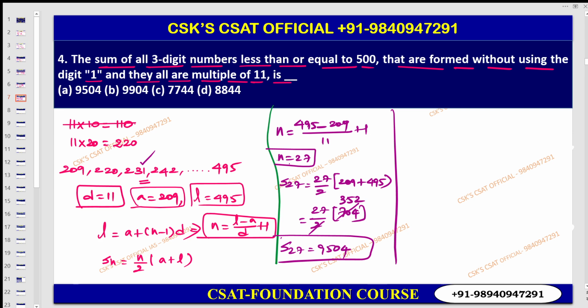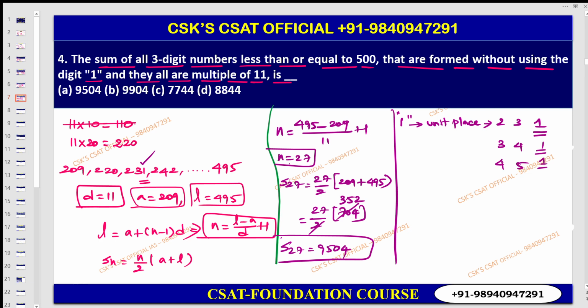So now check for 1 in the unit place. 231 will be there, right? Anything else that contains 1 in the unit place? For that you have to go with a table. 341 will be there, 451 will be there.